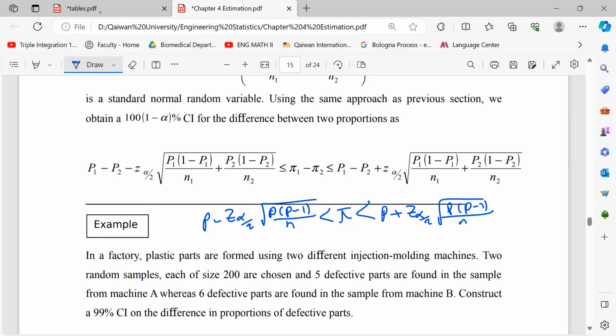How to convert this for the difference of two populations? This is P if you have one population. What if you have two populations? It's P1 minus P2.